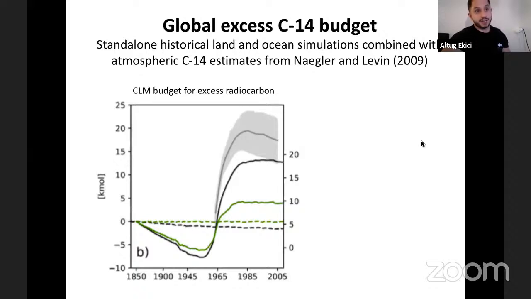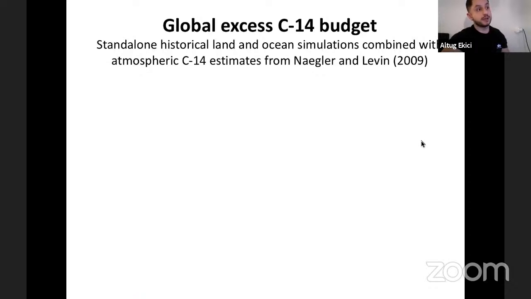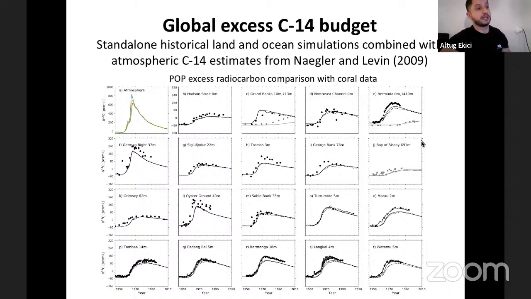Just to confirm this, we make another observational analysis with the ocean. Here we compare the ocean data with the coral data sets. So corals from all around the ocean, at different depths and different geographical locations. Here the lines are the ocean model data, and the dotted points are from observations of corals.